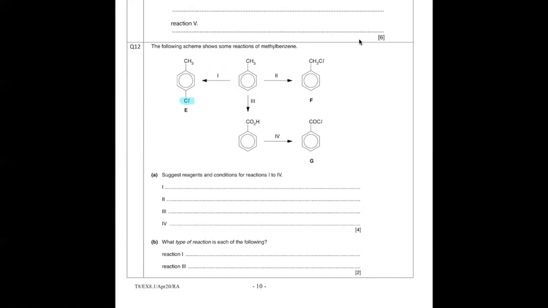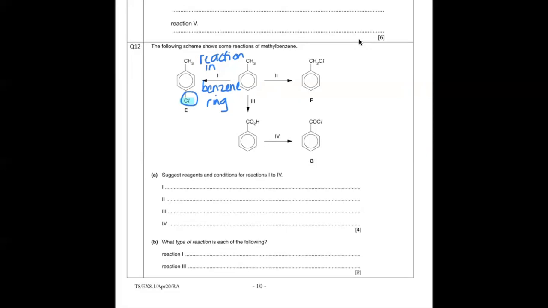So that means this reaction involves the reaction in the benzene ring. So you know that's your A2 stuff. Okay, you are adding that chlorine onto the benzene ring. So please look at that reaction.